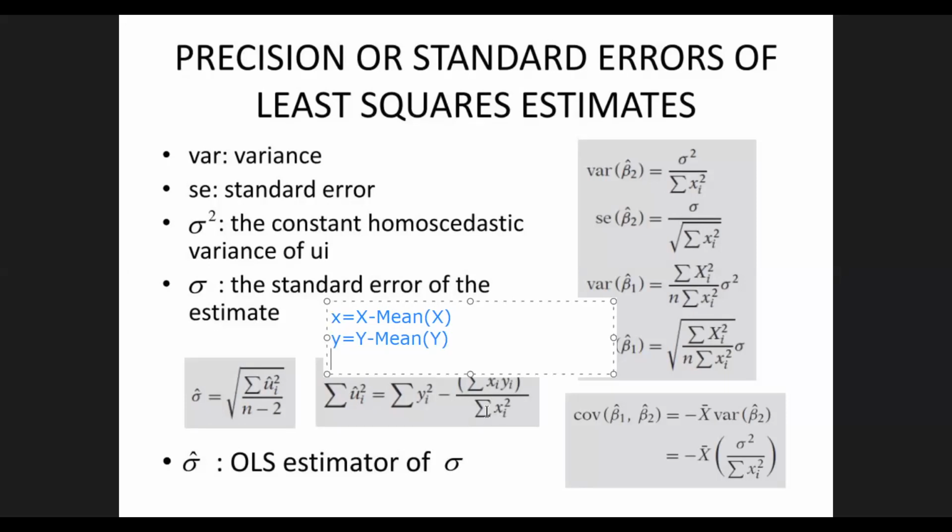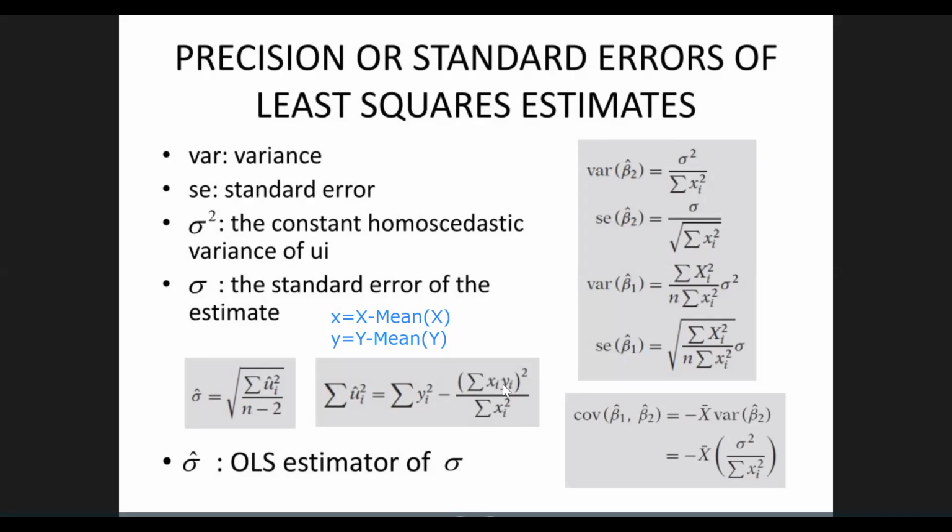Similarly, in the denominator we have summation xi square. This is not the usual summation xi square, but a deviation form. So if you need to find small xi and small yi, the first thing is to find xi as x minus mean, and small yi as y minus mean, and after that multiply these two, sum it and then square it.